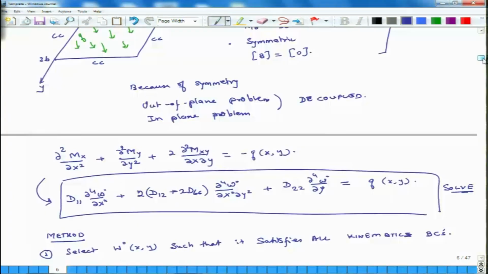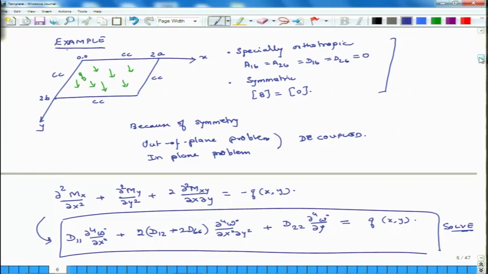So, in the clamped condition, what are the boundary conditions? The boundary condition here is w naught is equal to 0 and del w over del x is equal to 0 on this edge, and also on this edge w naught is equal to 0 and del w over del x is equal to 0.